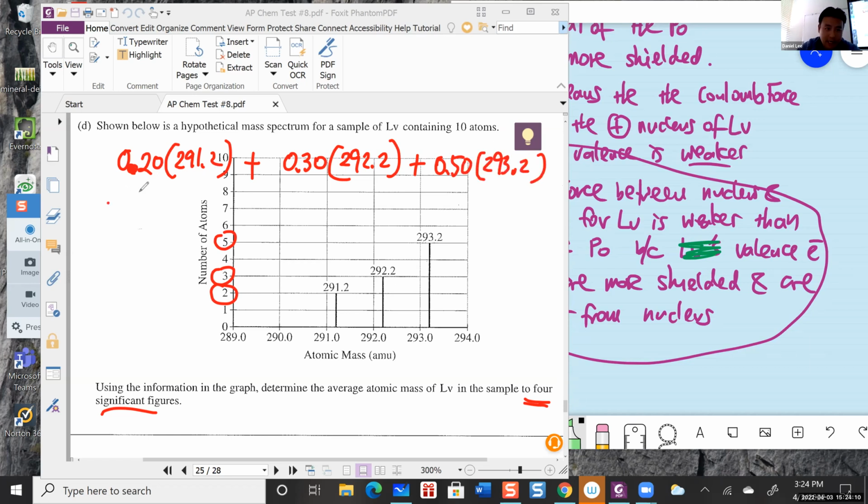You do everything on the calculator, and that's your answer up to 4 significant figures. You're going to get 292.5. So that's the answer. One point for knowing how to do average atomic masses: percent times mass for every single isotope, add them together, and you get your average. All right, 292.5.